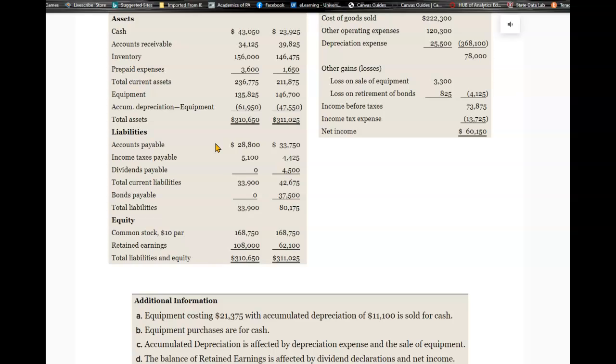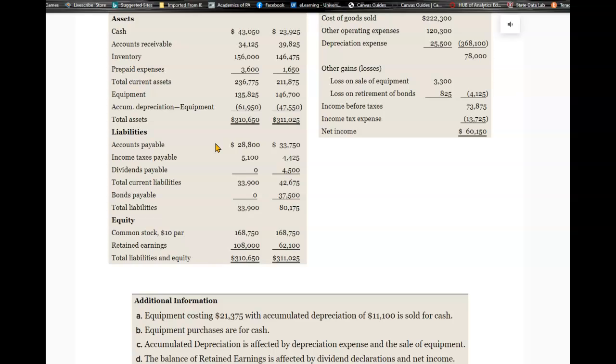There was an increase in the inventory from one year to the next of $9,525 that we subtracted from net income. There was an increase in prepaid expenses. The increase in the prepaid expenses was subtracted, and that was $1,950. And a decrease in accounts payable. The decrease in accounts payable, we subtracted $4,950.